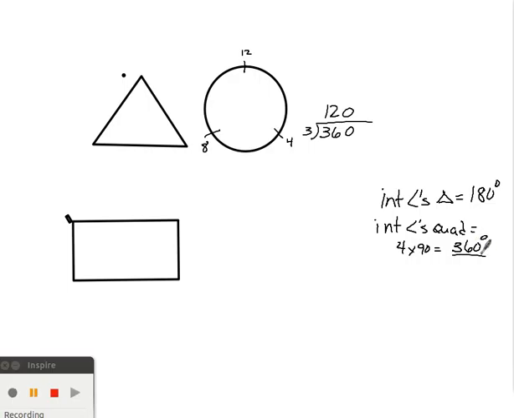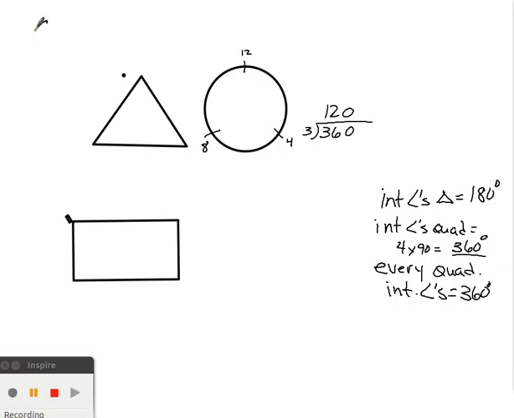So every quadrilateral has 360 degrees, not necessarily 4 right angles. Every quadrilateral's interior angles equal 360 degrees. And that will help you figure out some of the measurements that you need.